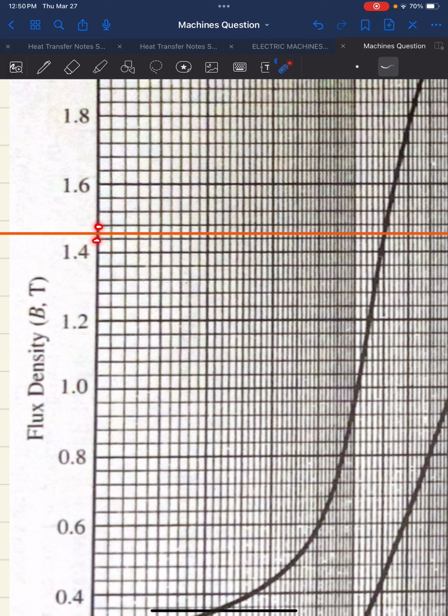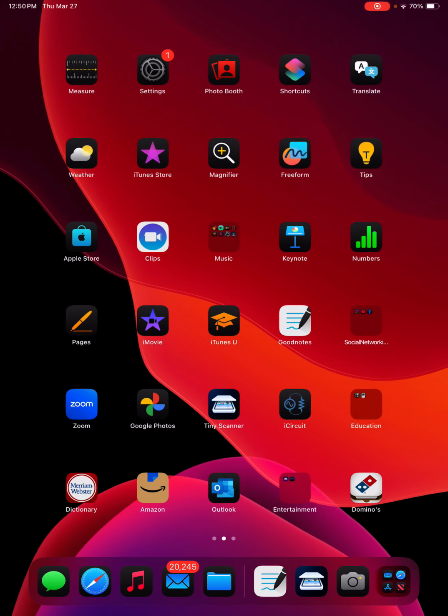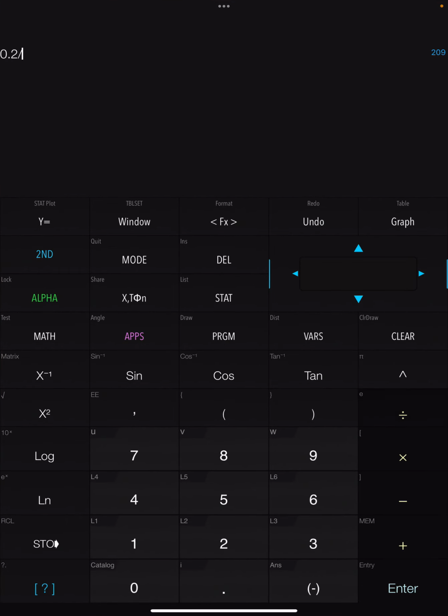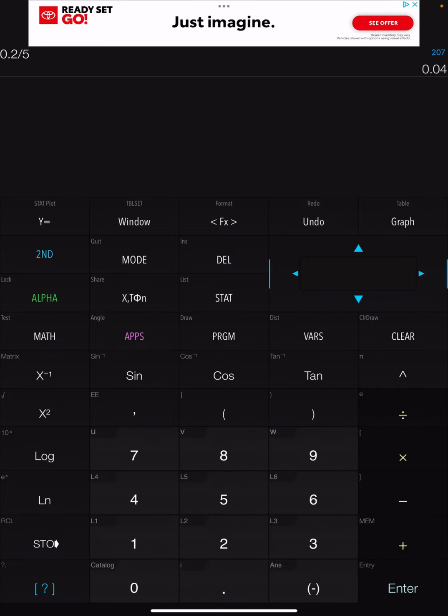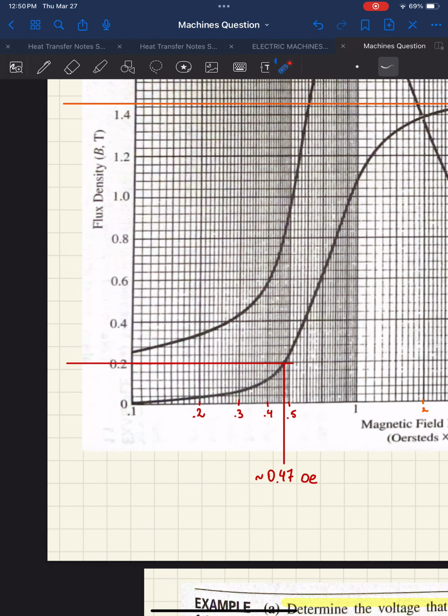So again, 1.4, so let's do it. 0.2, and then we divide by 5. Let me grab the calculator to make sure I got this. So 0.2 divided by 5 becomes 0.04. So it's always 0.04.